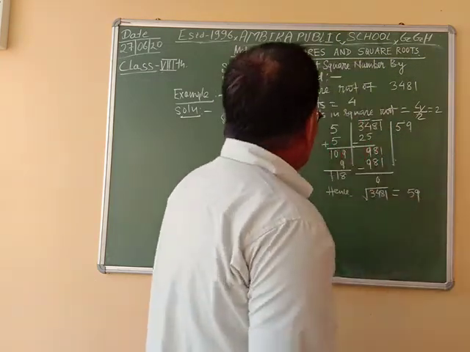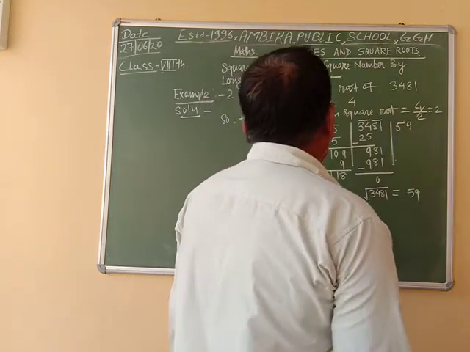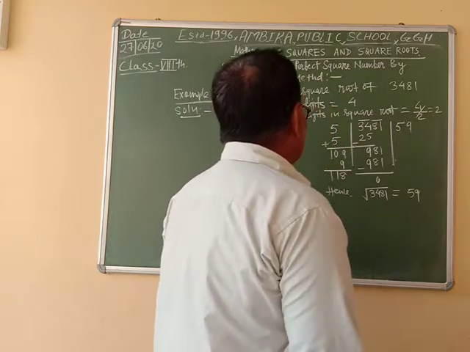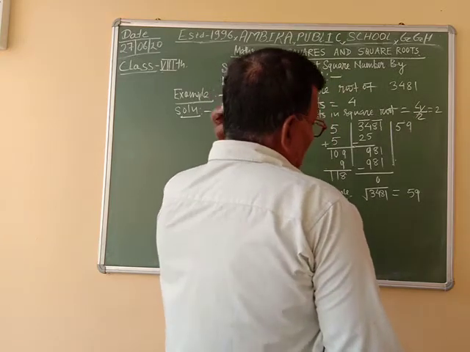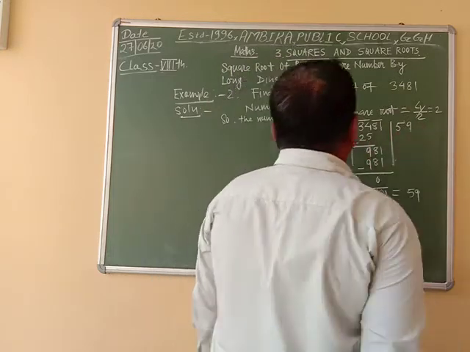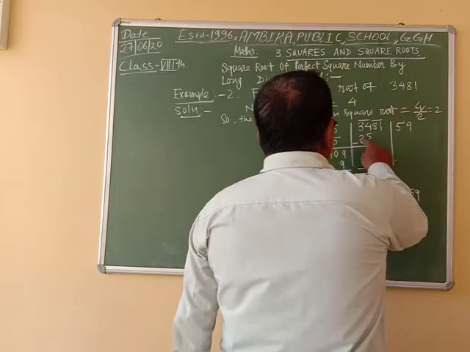Here we see that a square of 6 is 36, which is greater than 34. So we take 5 as divisor and 5 as quotient. Multiplying 5 by 5, the product is 25.